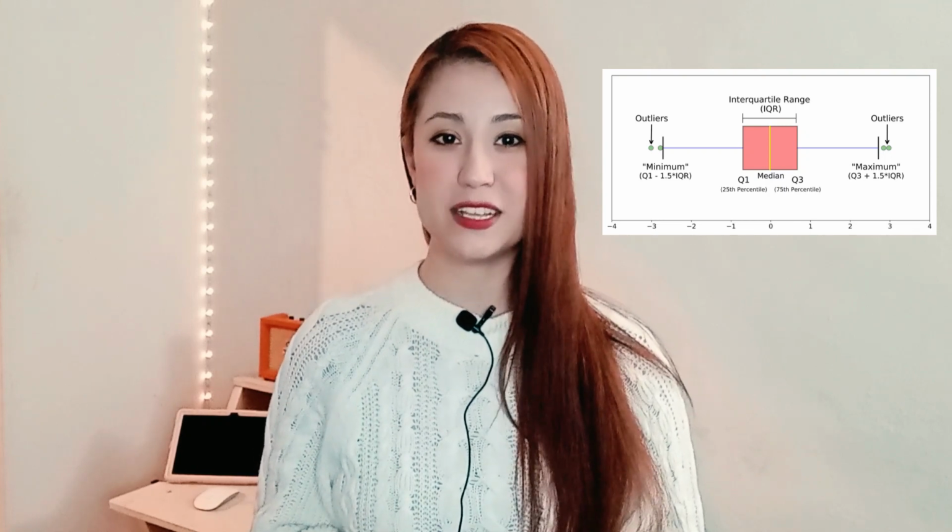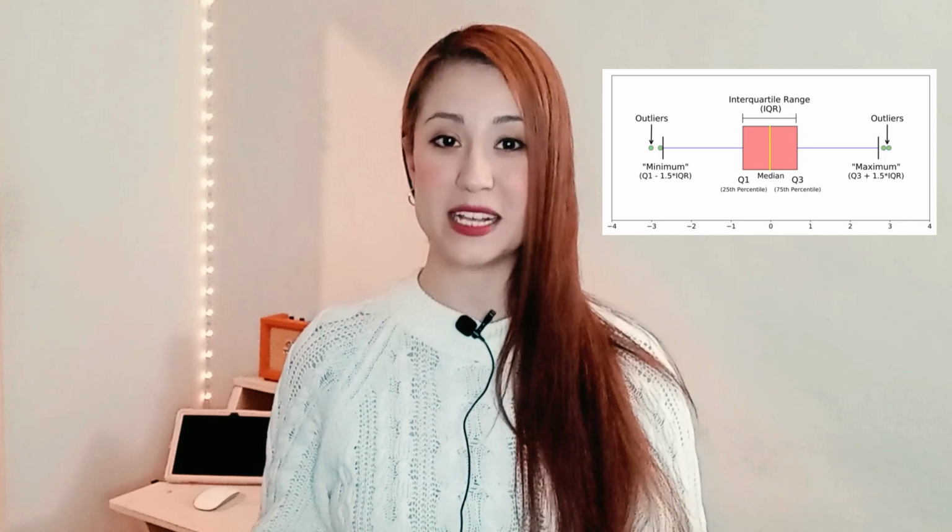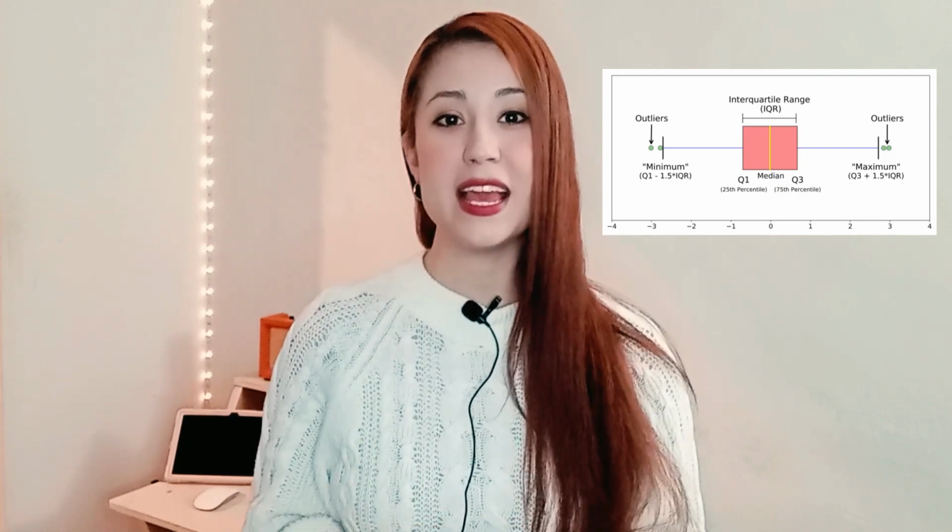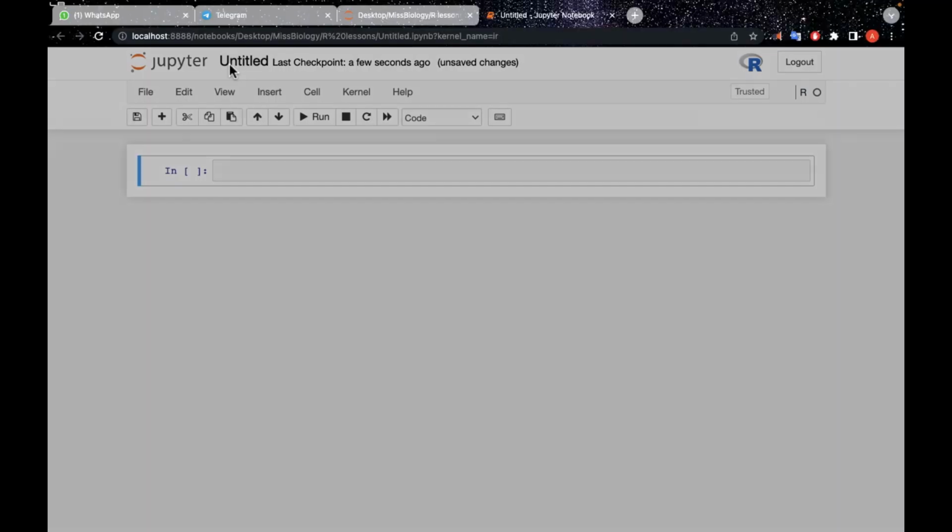The whiskers extend from the box to the minimum and maximum values, excluding outliers, and outliers are plotted as individual points beyond the whiskers. Histograms are useful for quickly visualizing the distribution and skewness of the data, and box plots for identifying outliers. So let's begin.